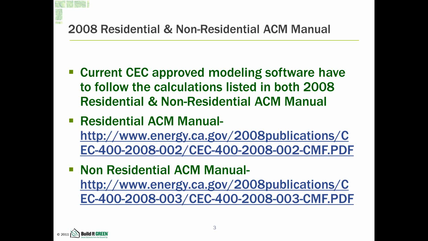The CEC mandated that any compliance software accepted in California for compliance has to follow this ACM manual. The ACM manual is full of calculations, formulas, and assumptions, and these are all the metrics embedded in Energy Pro in its behind-the-scenes calculations and simulation analysis.